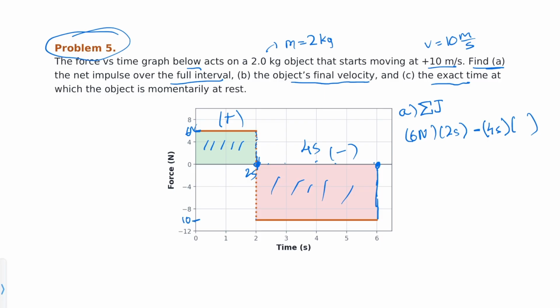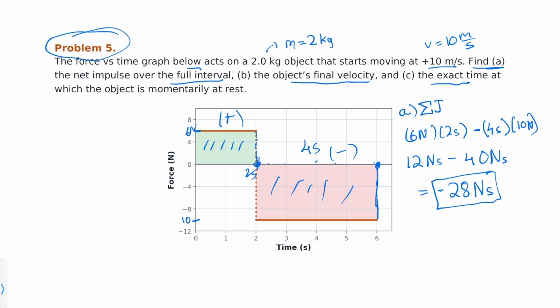It's 10 newtons. I'm not going to put negative because I already put the negative out here. So 12 newton seconds minus 40 newton seconds, which is going to give you negative 28 newton seconds. All right? That's your net impulse.